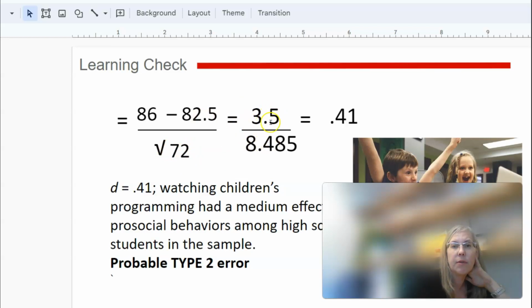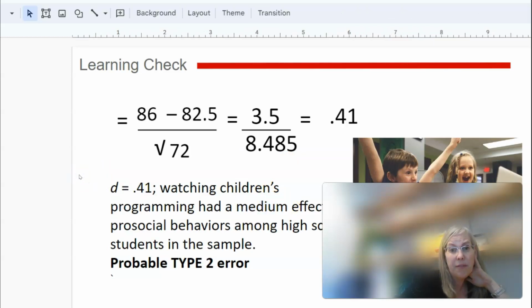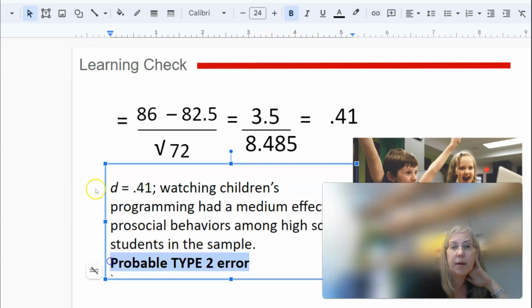We take the top of our t, 3.5, divided by 8.48, and we get 0.41. If you look at the Cohen's d chart, the same chart we used for our z and for our dependent t-test, you'll see that's in the medium range. So we do have an effect, but we failed to reject the null, so that's a probable type 2 error.